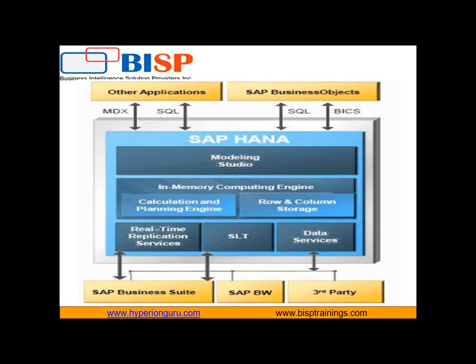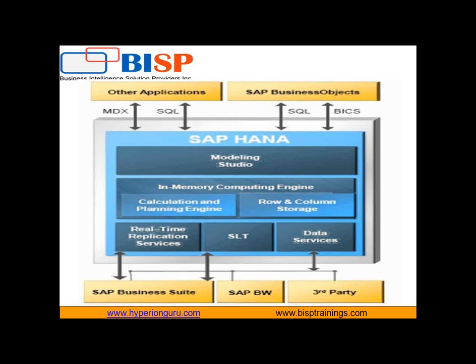But when you look at the presentation layer, we have HANA Studio. In that, we have in-memory computing, supported by the calculation and planning engine, and we have row and column storages. I'll explain each and every one in detail. The real-time replication servers are used for data replication from the source systems.